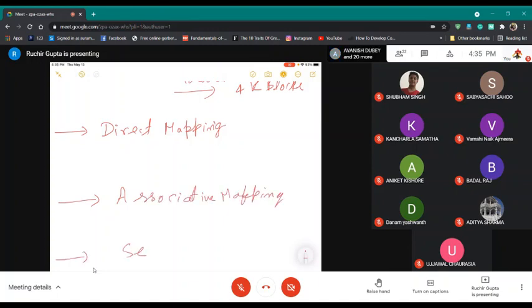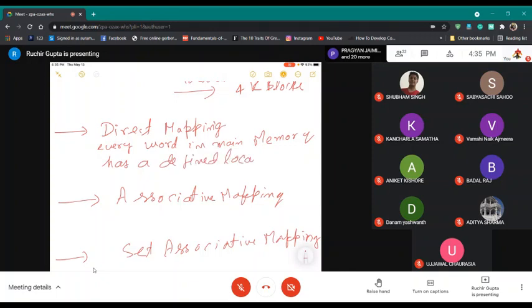And another is set associative mapping. So starting from direct mapping, this says typically that every word in main memory has a defined location in cache memory to store.